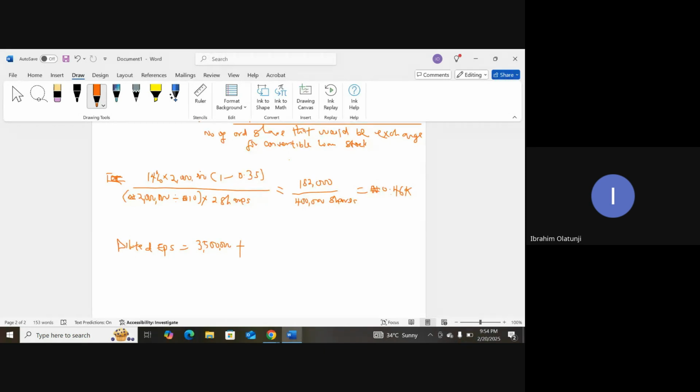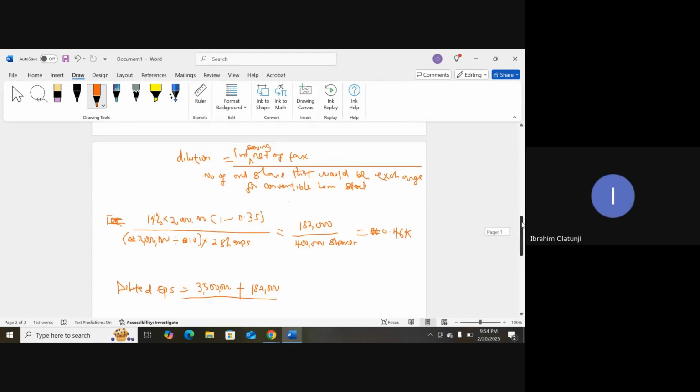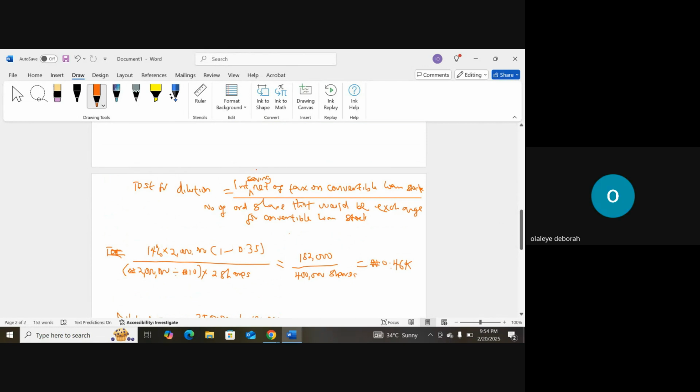Interest saving net of tax is 182,000. That's why I gave you all this formula. Interest saving net of tax on convertible loan stock, and you know that it is this numerator. 182,000.